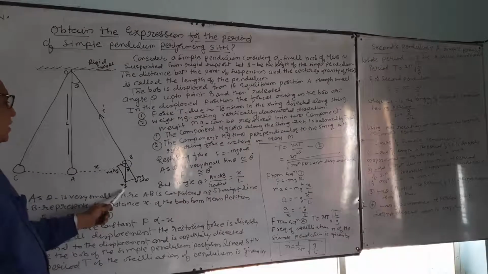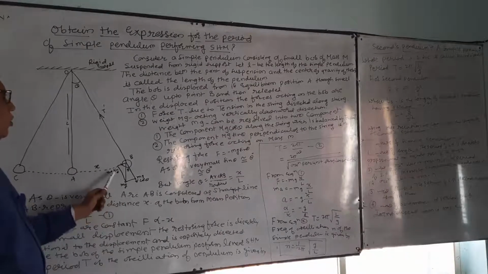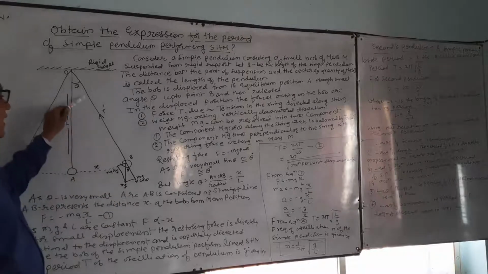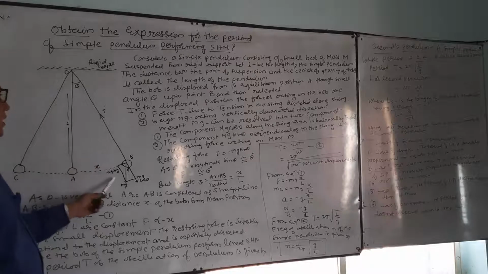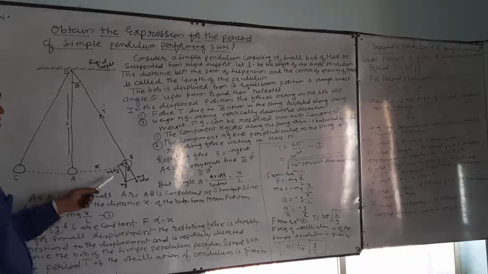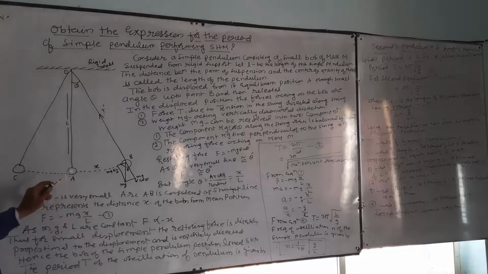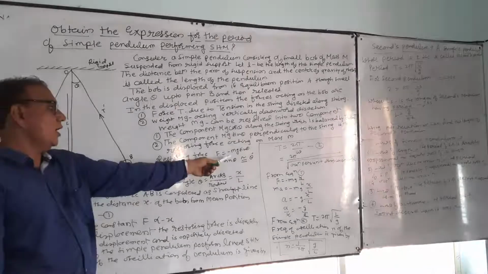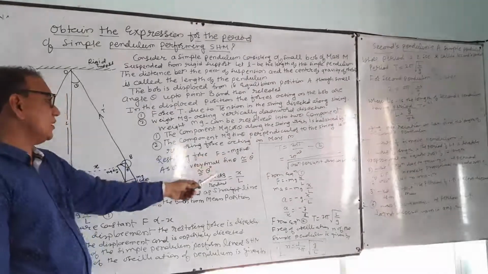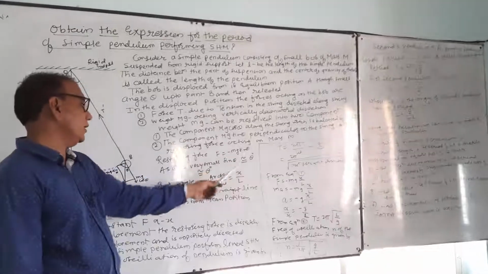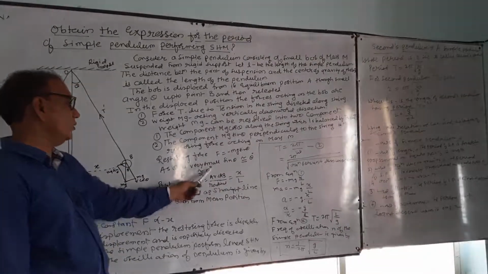This weight mg can be resolved into two components: mg cos theta along the string, which is balanced by the tension T, and the component mg sin theta, which is perpendicular to the string and is the restoring force acting on the bob of mass m. Write the equation for the restoring force. F is equal to minus mg sin theta. As theta is very small, sin theta is approximately equal to theta, therefore F is approximately minus mg theta.